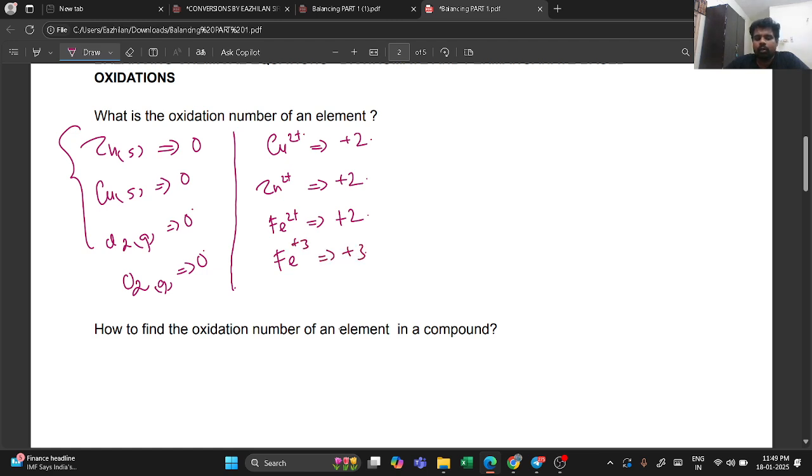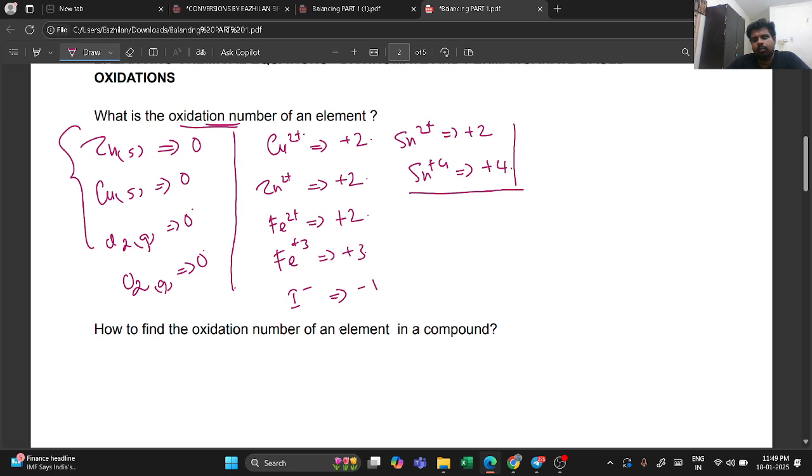If I have I minus, its oxidation state should be -1. Sn2 plus is +2, and Sn4 plus is +4. So this is how you find the oxidation number.